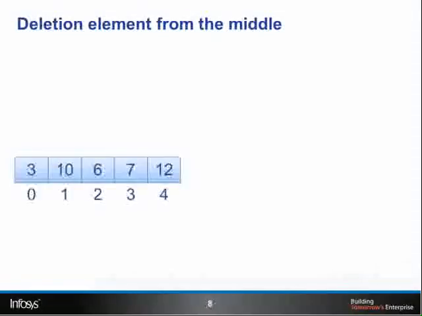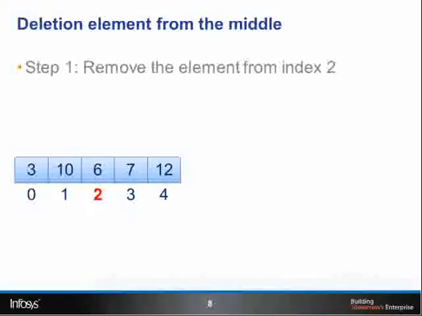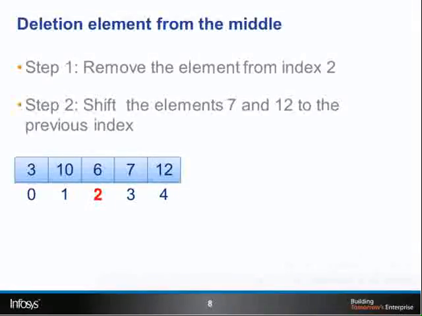Let's now consider the situation wherein we need to delete an element in an array from the mid position. Let us consider the index position where the element has to be deleted is 2. There are two steps involved here. First, you remove the element from the index 2 and then shift all the elements, that is 7 and 12, which were initially to the right of the index 2.